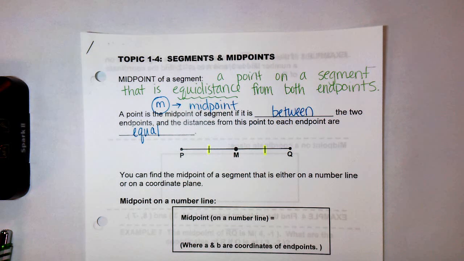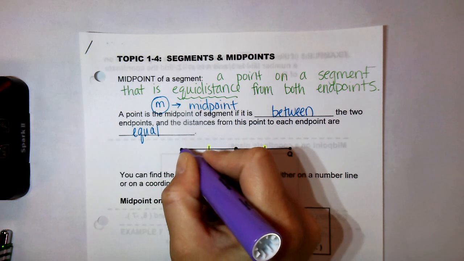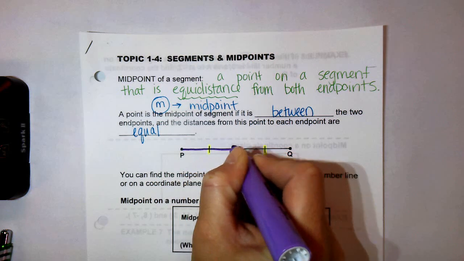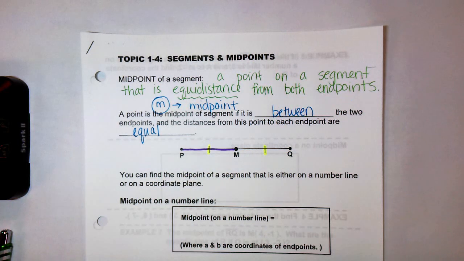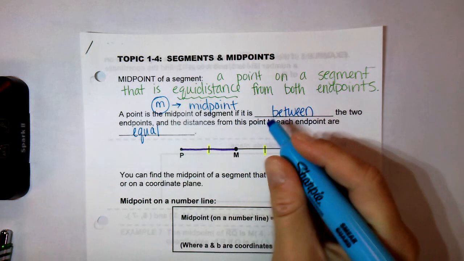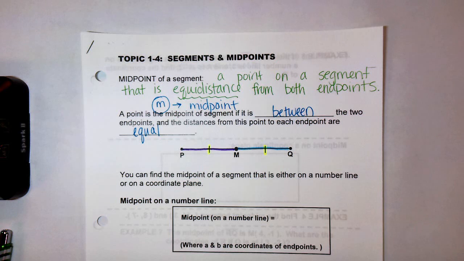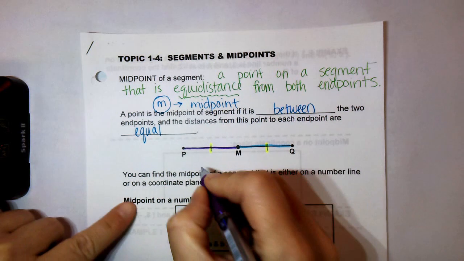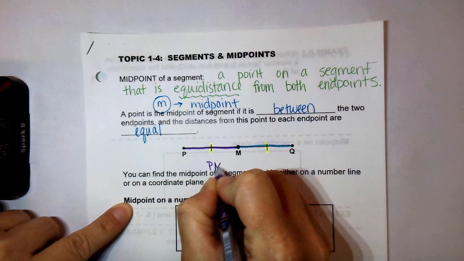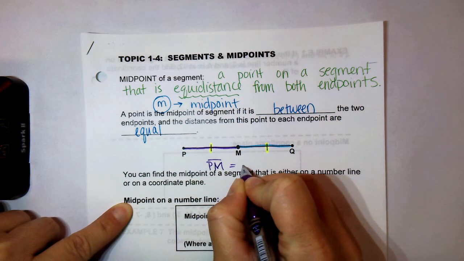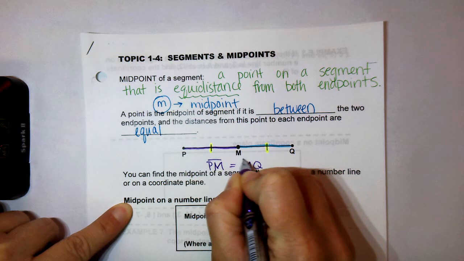So the distance from P to M is equal to the distance MQ. Those tally marks mean that they're equal. And if I wanted to write a statement, it would be PM equals MQ.